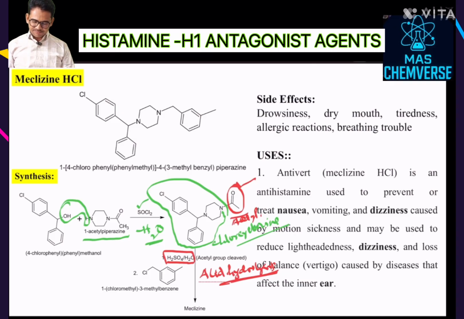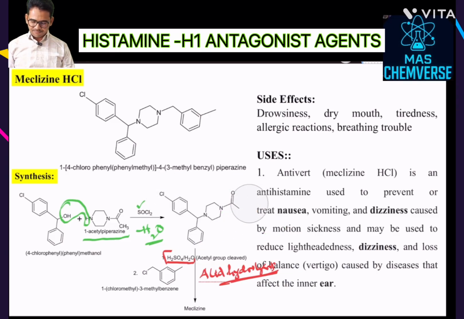In the next step, it is going to react with the, I will show, just a second. Just see here what happened. This acetyl group is going out, that is COCH3. Okay, it is going out.